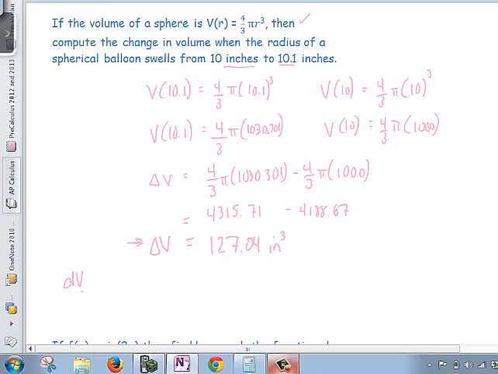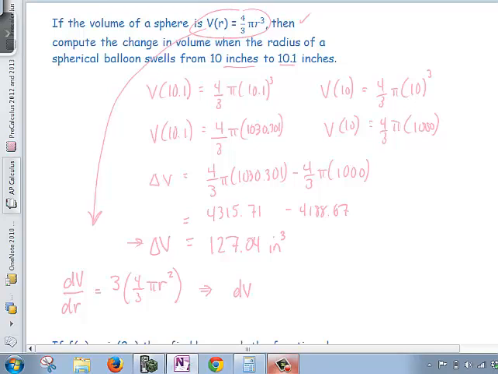If I take the derivative with respect to the independent variable, which is radius, the derivative of the volume equation is just a simple polynomial derivative. I bring the 3 down in front of the 4/3 pi r, and I reduce the power to r squared.